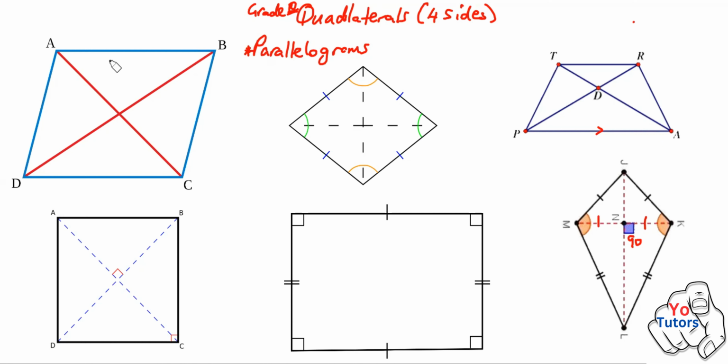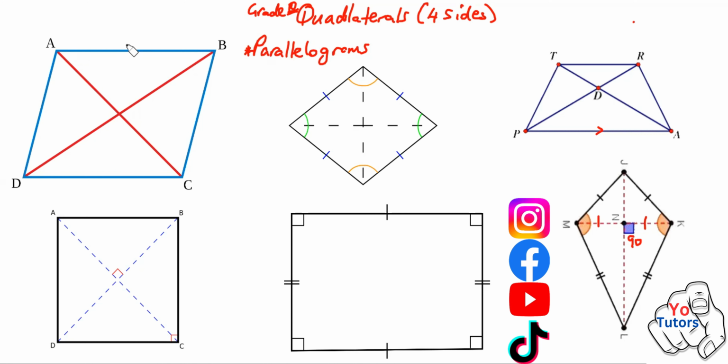What makes a quadrilateral a parallelogram is that the opposite sides must be equal. A pair of opposite sides must be equal. The other thing we must know about a parallelogram is that opposite interior angles are equal.